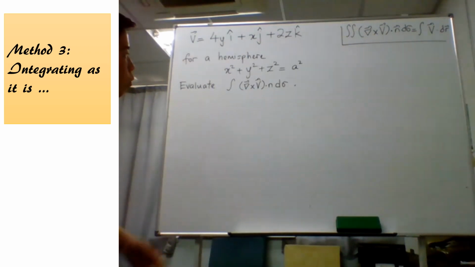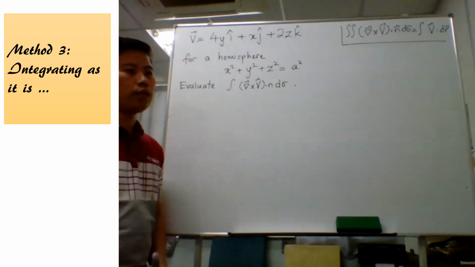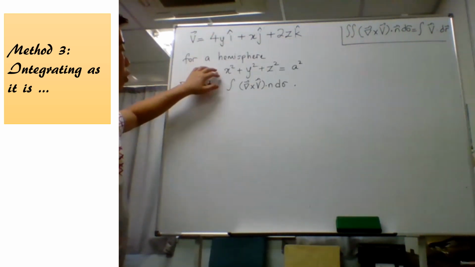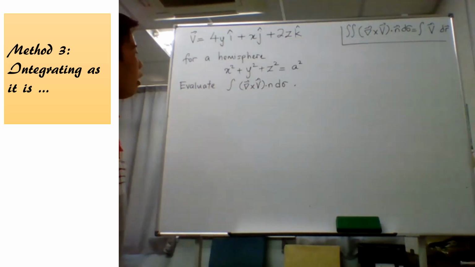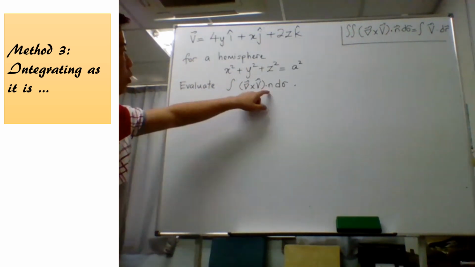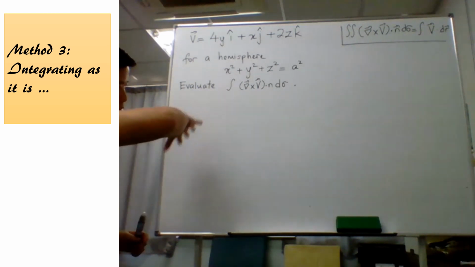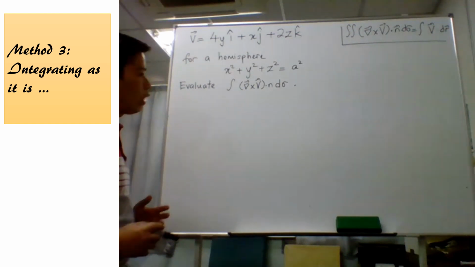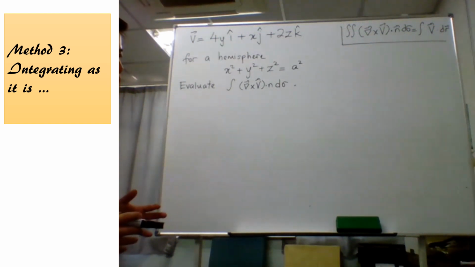So when you don't use the Stokes theorem, your surface is basically the whole hemisphere. The surface is given by this equation, right? And now you will have to find a normal vector over this whole surface.